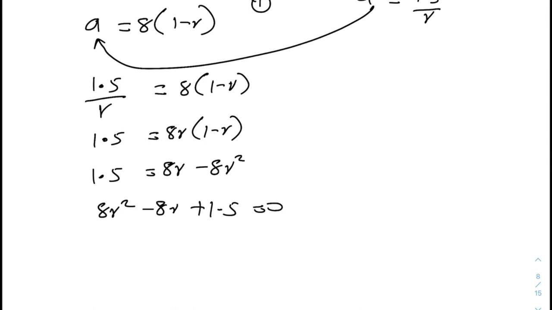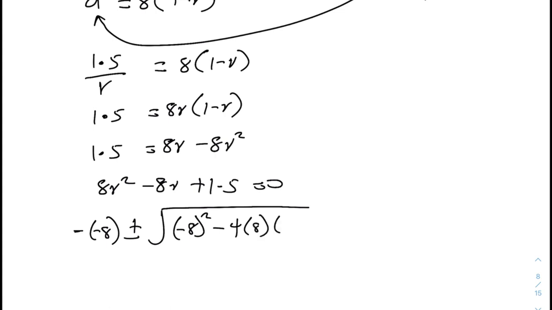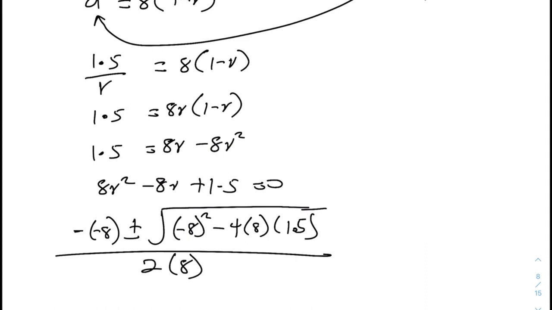Then what you want to do is to solve it. Just use the quadratic formula. That's negative into bracket negative 8, plus or minus square root of negative 8 squared minus 4 into 8 into 1.5, all over 2 into 8.